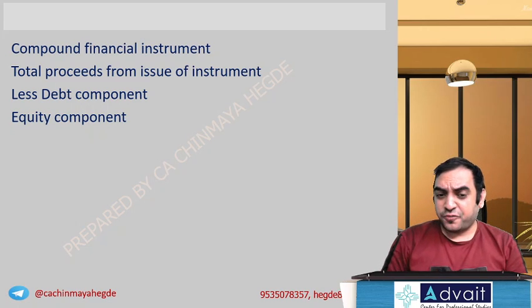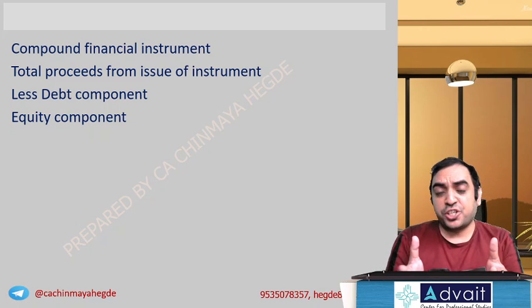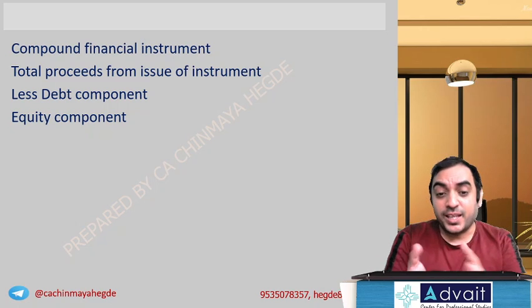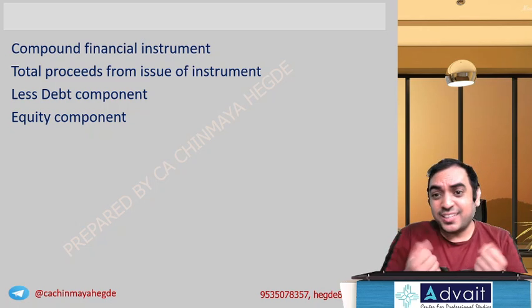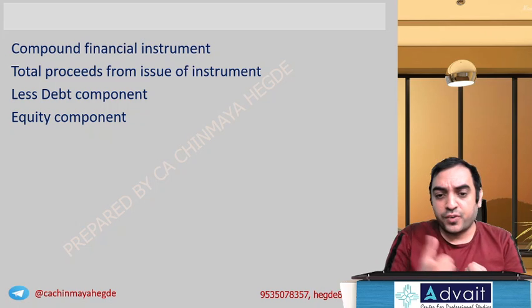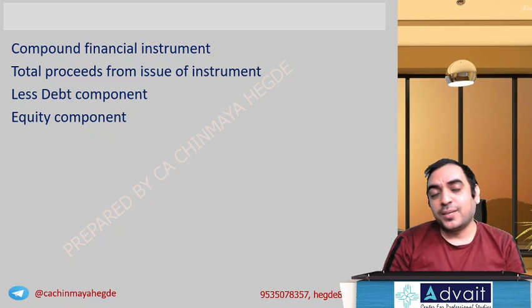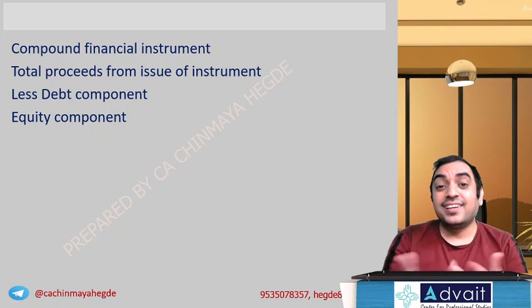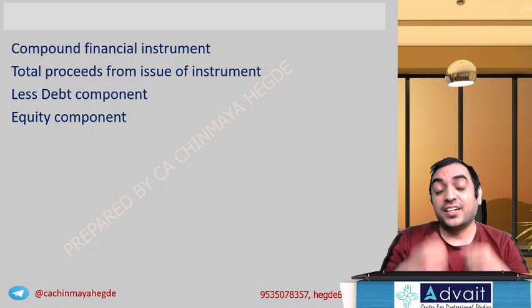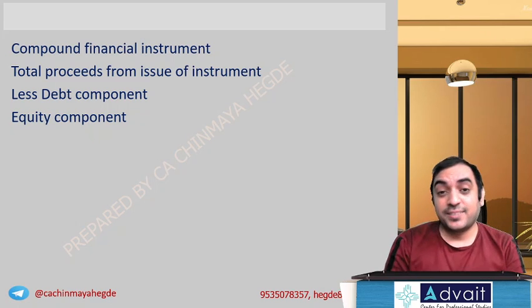Isn't that the definition of equity? What is the definition of equity? Residual interest. Asset minus liability. The proceeds represent the asset, money received from issue of debenture, or whatever instrument, minus the debt component becomes the equity component, residual interest, a balancing figure like net assets, asset minus liability. Now, how is the debt component calculated, according to the standard?